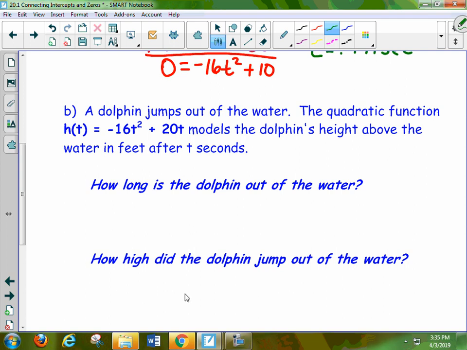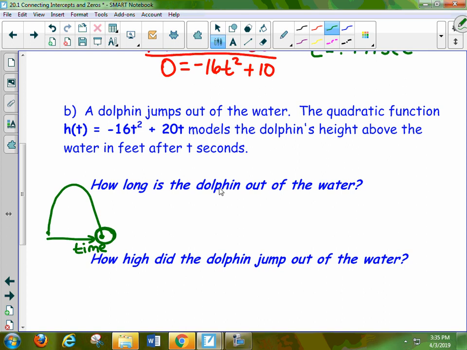Because we want to know when that dolphin, like if this dolphin's jumping, okay, it's starting in the water and it's jumping out of the water, all of this time from here to here is going to be the time the dolphin's out of the water. So I want to know where the dolphin is landing or how much time it takes the dolphin to land there.